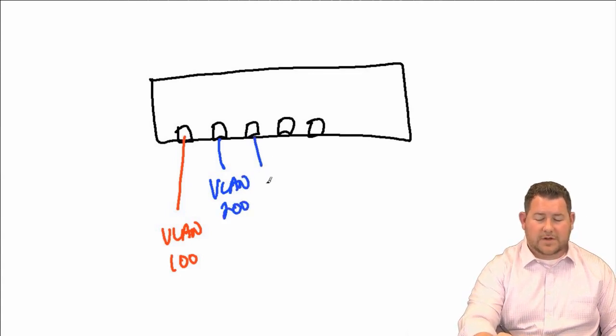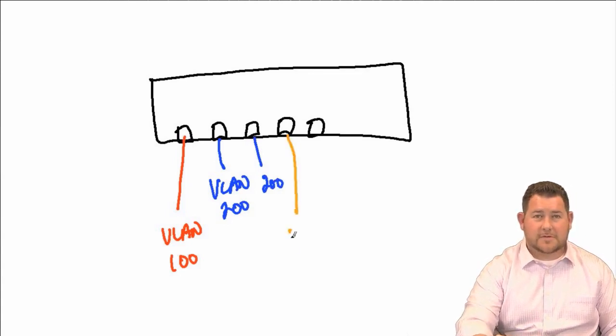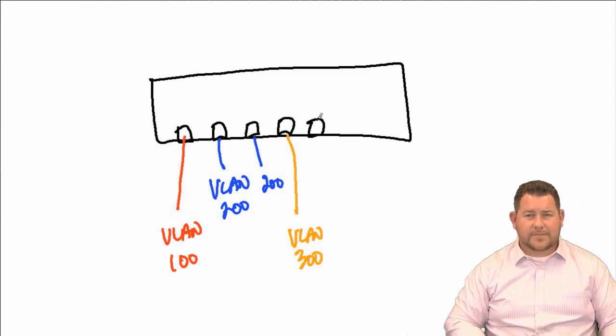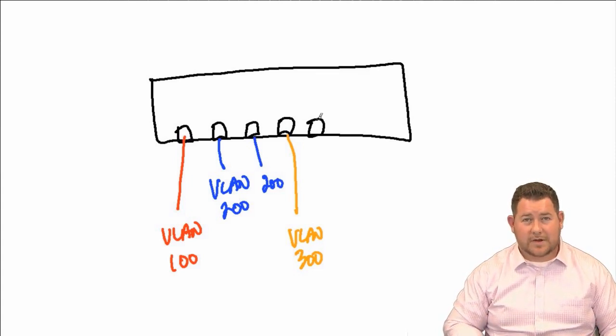Maybe this third port is also going to be in 200. And let's use this color, VLAN 300, and then we'll go ahead and put this last port as an open port for right now. So we'll say we have 3 VLANs now on the switch that are defined: VLAN 100, VLAN 200, VLAN 300.